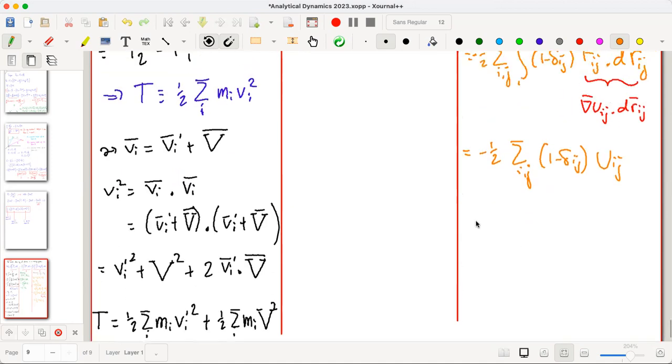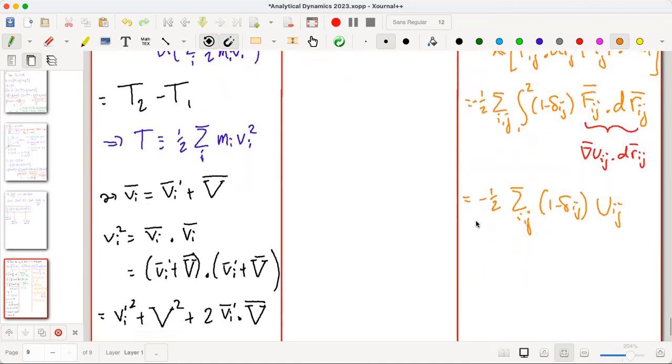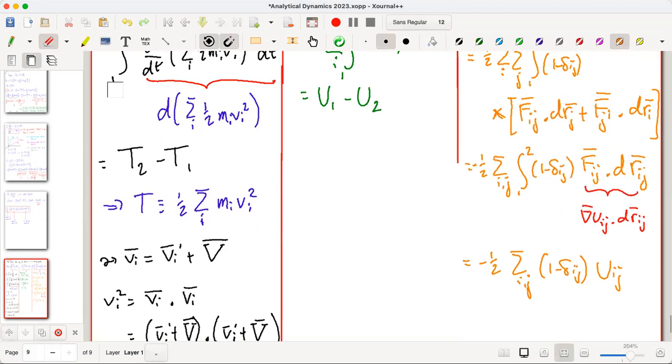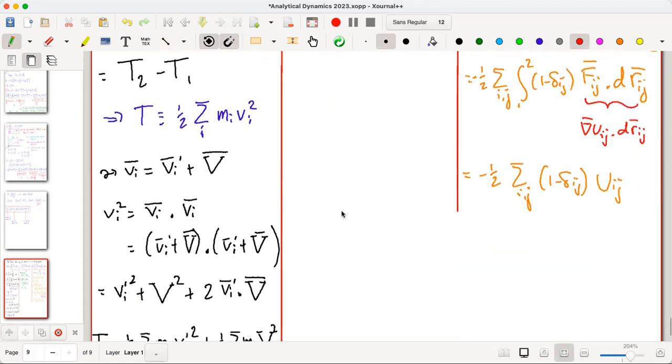So if we have such a condition, maybe I can erase this one. So if you have such condition, then I can define the total potential energy. Yeah, the total potential energy.